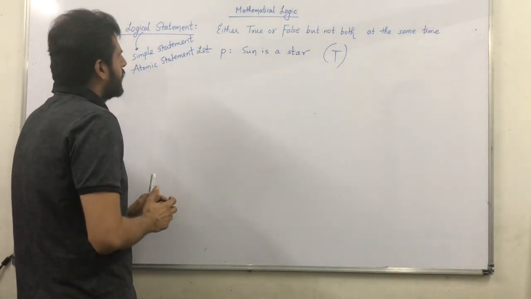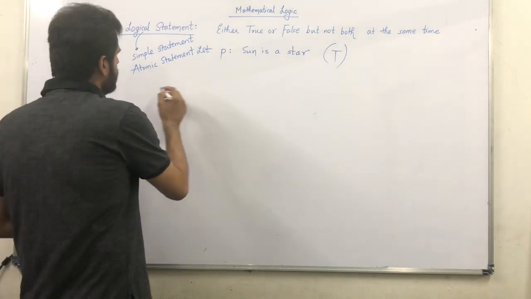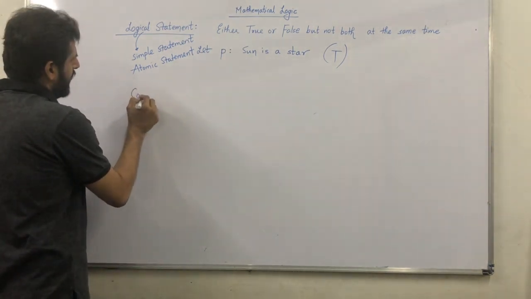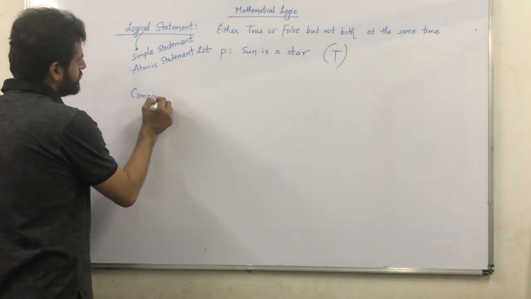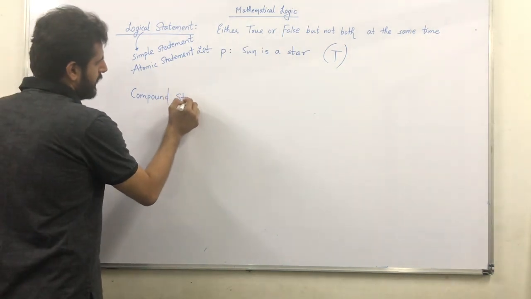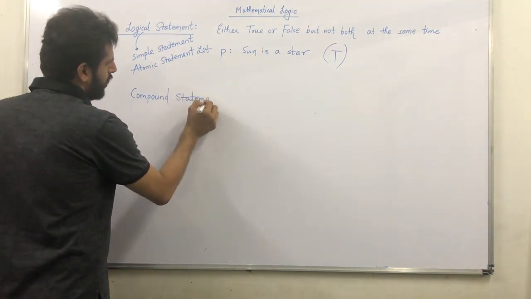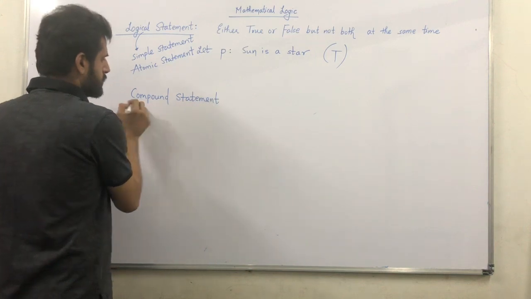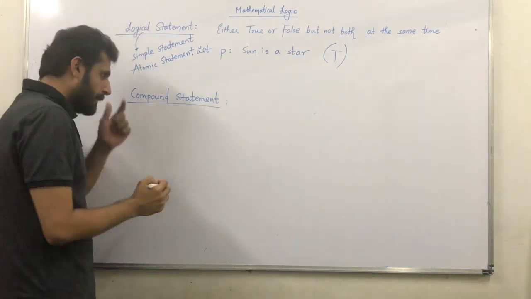And if we combine two or more simple statements with the help of logical connectives, then we give rise to something called a compound statement. So what is a compound statement?